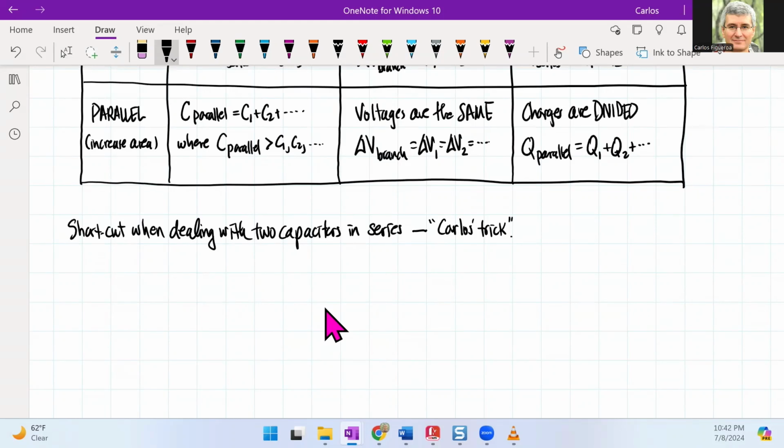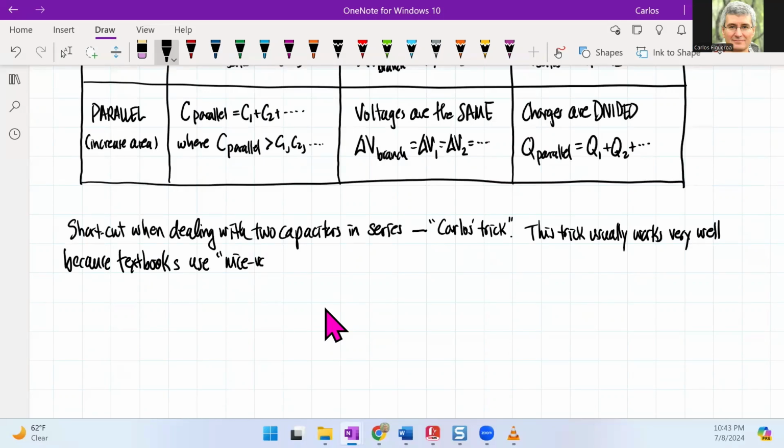So this trick usually works very well because textbooks, or just problems in general, use nice valued capacitances in problems.